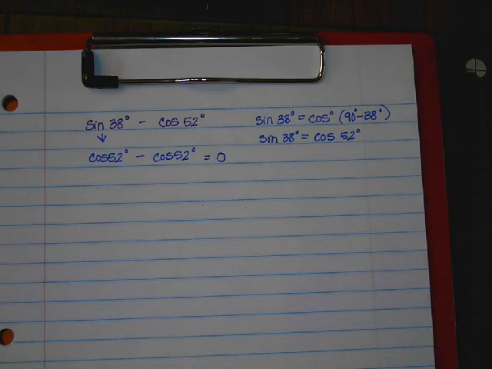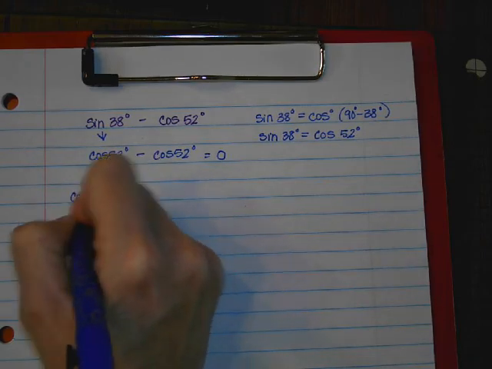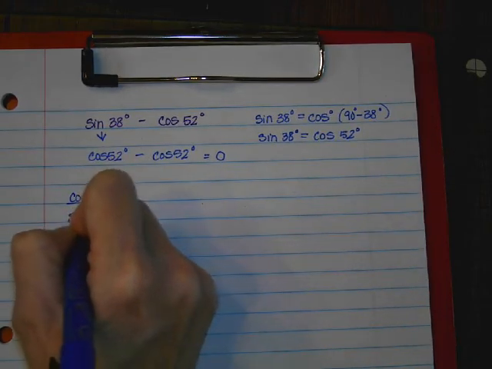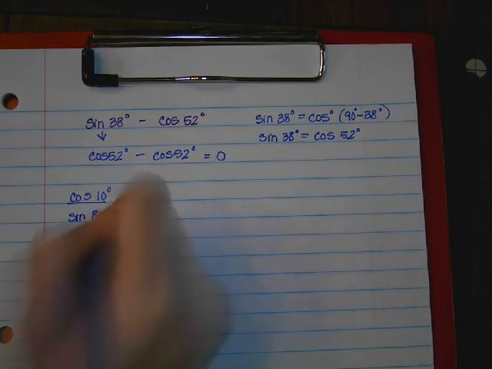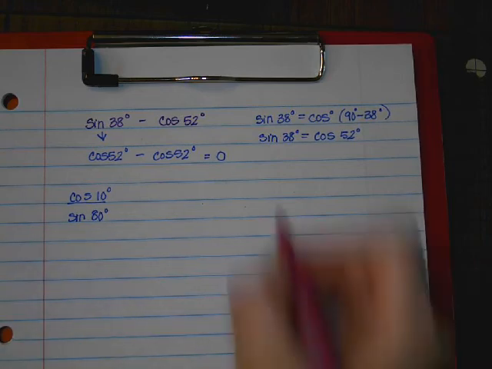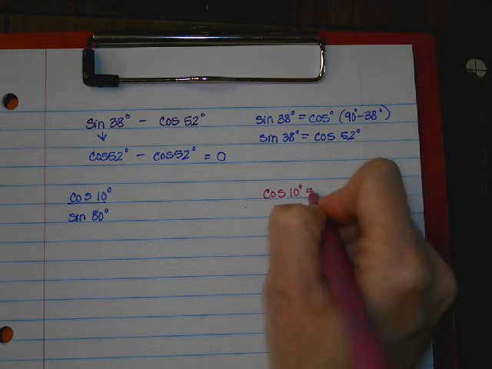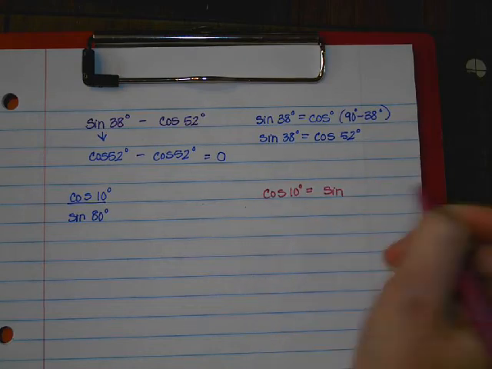All right, let's try another one. We're going to do the cosine of 10 degrees over the sine of 80 degrees. All right, so let's take a moment and do some processing. We know the cosine of 10 degrees is equal to the sine of what?